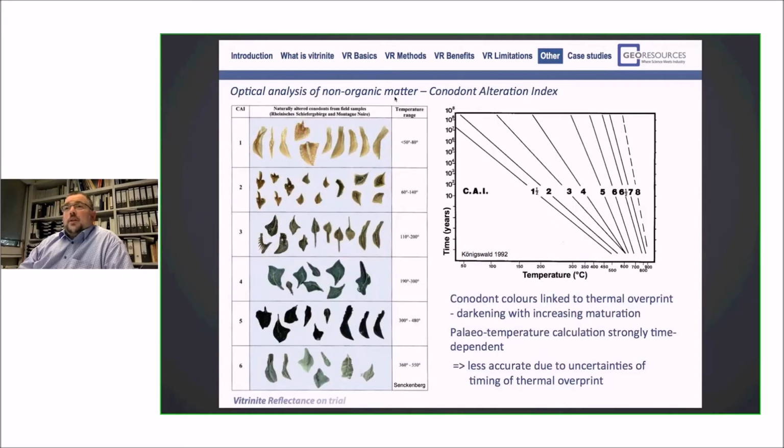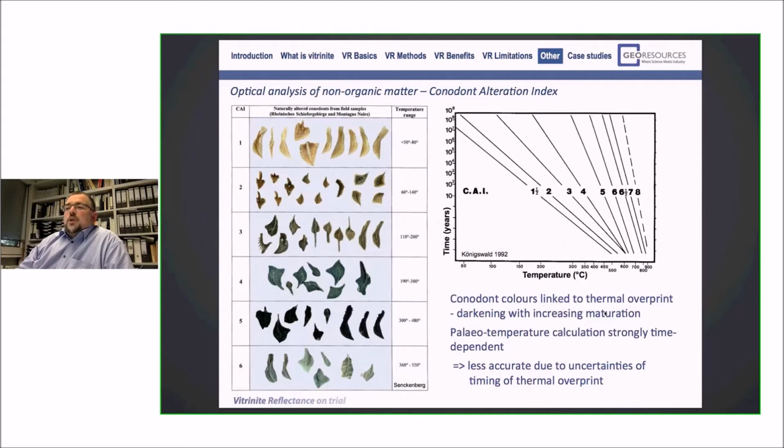Another optical analytical method of non-organic matter is the conodont alteration index, which was already mentioned before. Here we see the different color levels of conodonts from light brown yellowish to dark and pale gray.